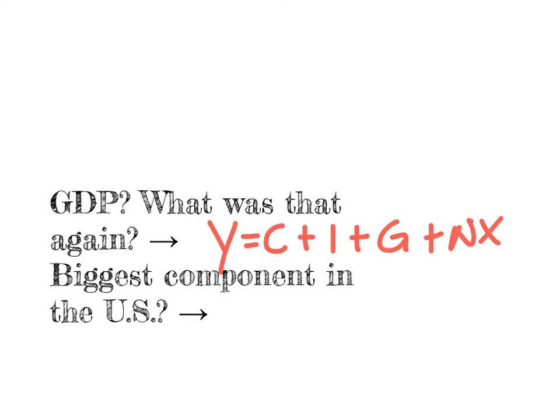What is it? It's C. It's consumption, which in the US nowadays is somewhere between 69 and 70% of GDP. For the US, consumption is super important. You want to keep that in mind.